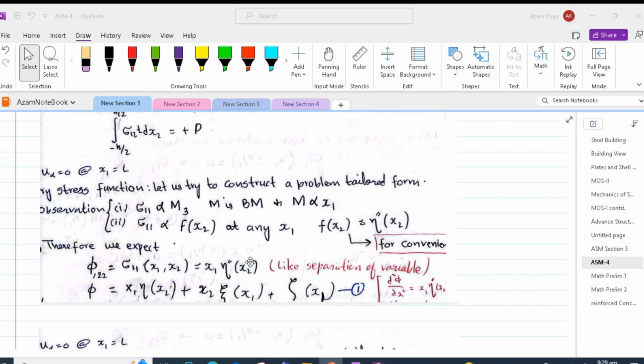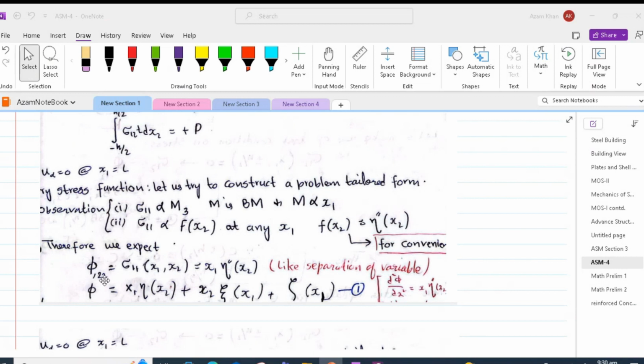We have got to that point of assuming an adequate term within the function by lots of trial and error procedures. So we get phi comma 22 equal to x1 eta double dash x2.